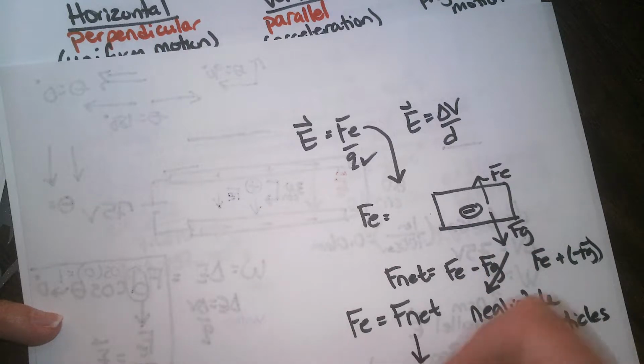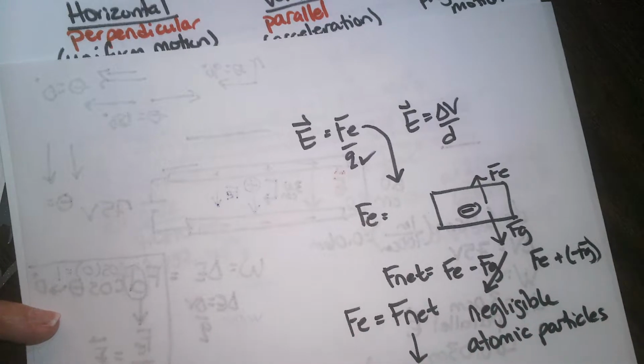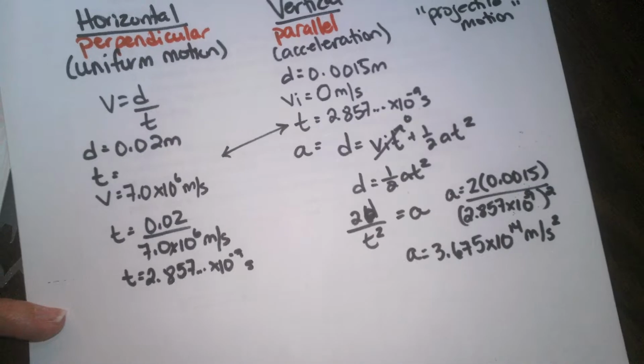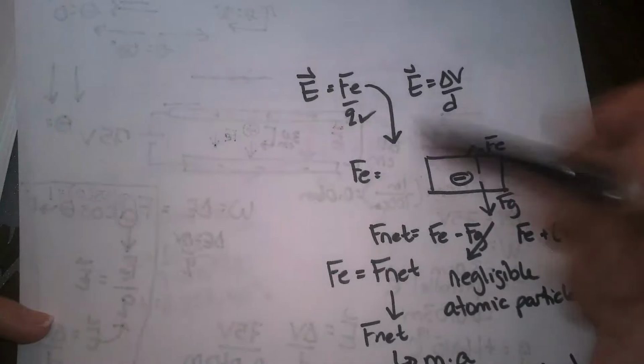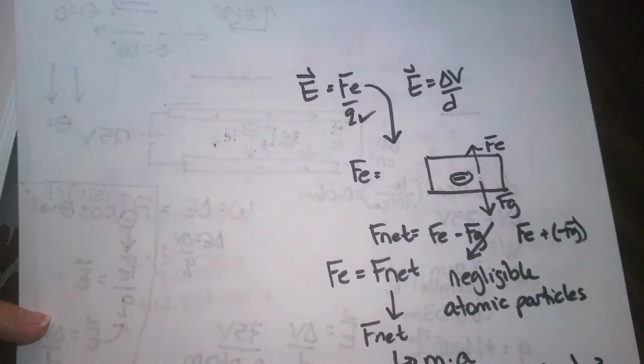Force net we solve by mass times acceleration. Acceleration we're solving by d equals vi t plus 1/2 at squared. So all we did here is we started at the bottom and are working our way up, as opposed to starting with what I need and getting to the point where I have to solve for acceleration.